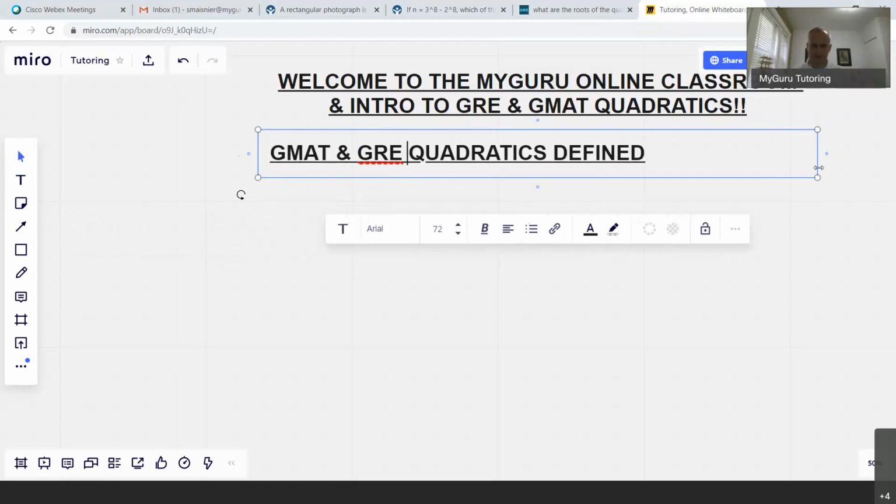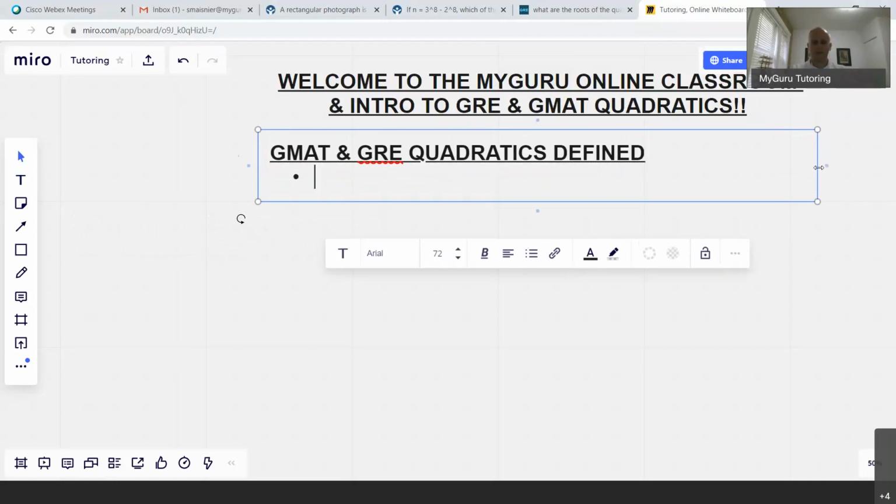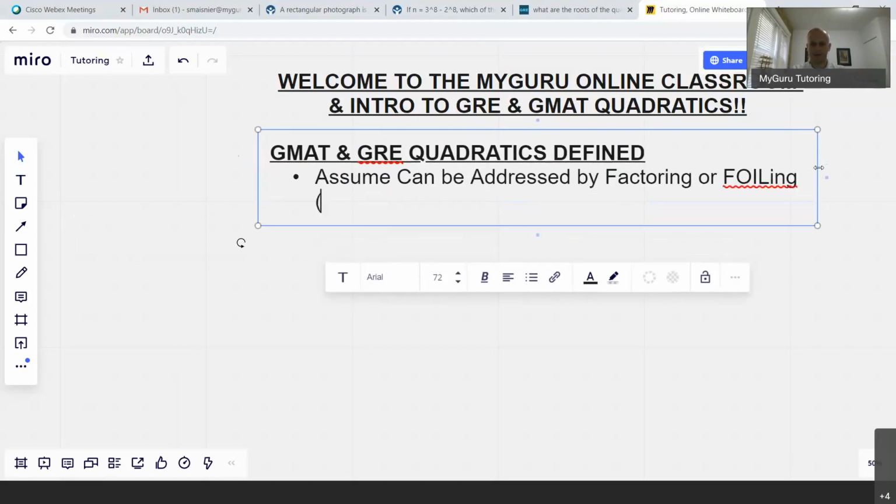They're very basic. So you should assume that they either can be addressed by factoring or what here in the US is known as foiling, which is really just an acronym to solve.